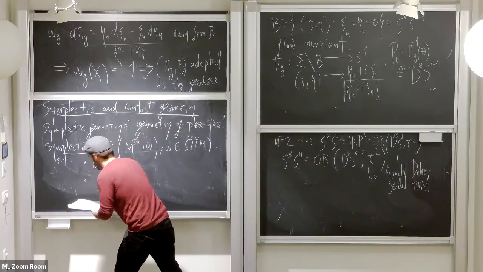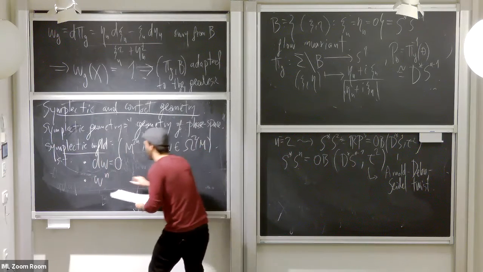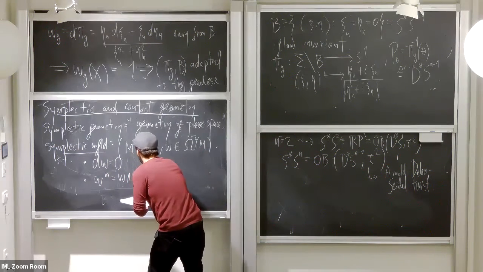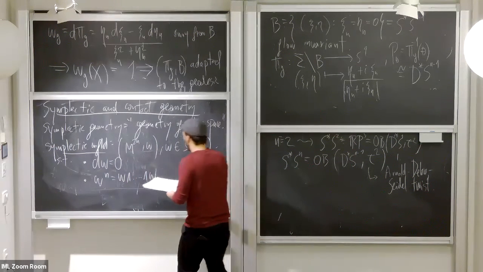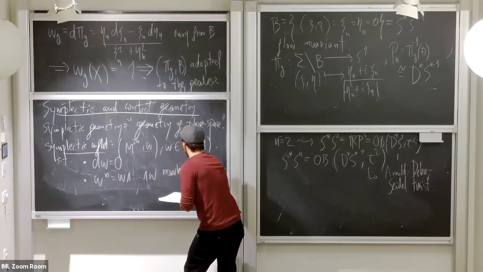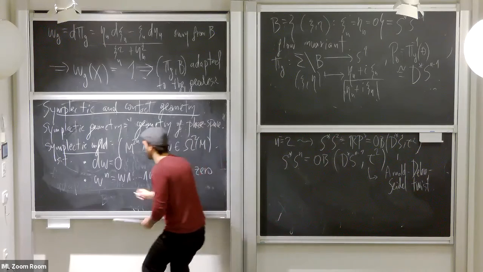And it is non-degenerate in the sense that when I look at its top exterior power, the wedge of n copies of it with itself, which is the top power that I can possibly do, this is nowhere vanishing. This is nowhere 0, so in other words, this is a volume form.